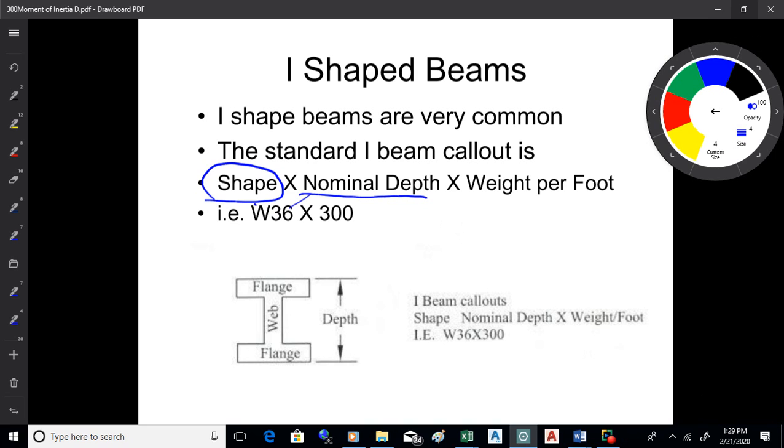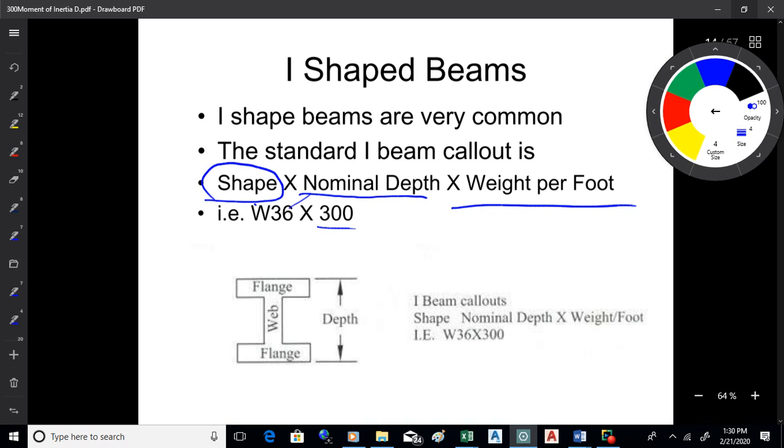It might be 35 and a half, it might be 36.4, something like that. It's in the ballpark of 36 is what that means. And then because we care about loading, we call out weight per foot. So that would be 300 pounds per foot. So that's a W, shape is a W, nominal depth is 36, and the weight per foot is 300 pounds per foot, because that goes into the load calculations. So that's how you call out an I-beam.